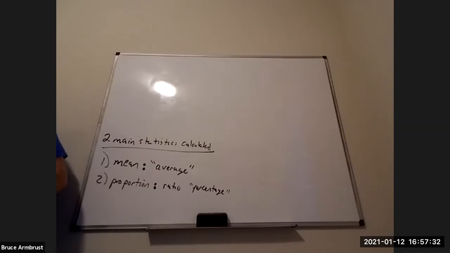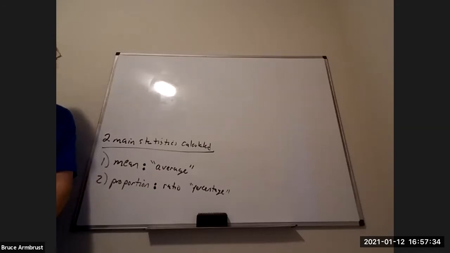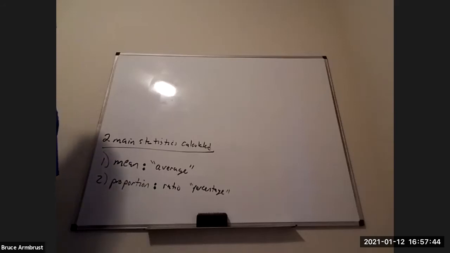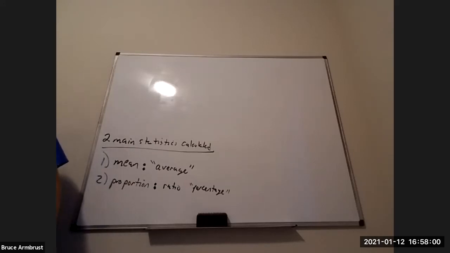What percentage of respondents like candidate A? What percent of people are vegetarian, whatever it happens to be. These are the two big main statistics that we calculate. Just so that you're aware, it's going to matter which one we're doing in terms of what tests we do. But we'll talk about how we calculate each one of them.